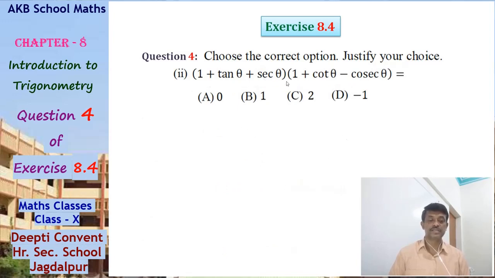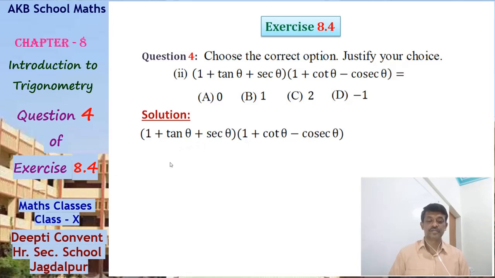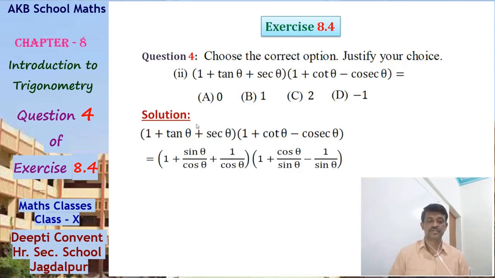1 plus tan plus sec over 1 plus cot minus cosec. Here the expression, just convert it in sine and cos. Generally, for reducing trigonometric ratio expressions, we are required to convert into basic form.